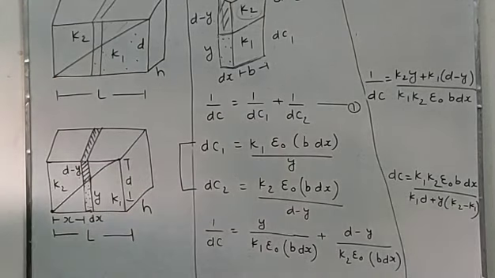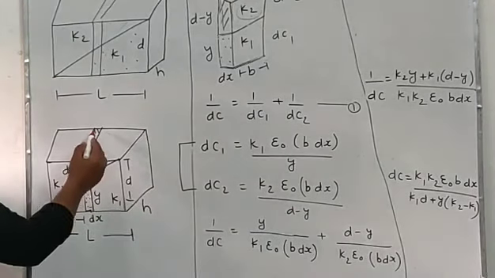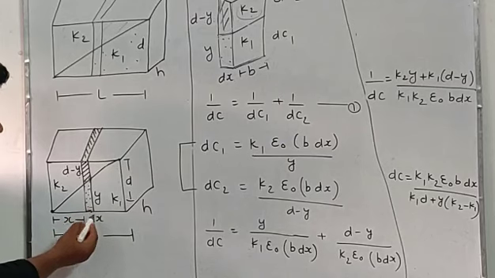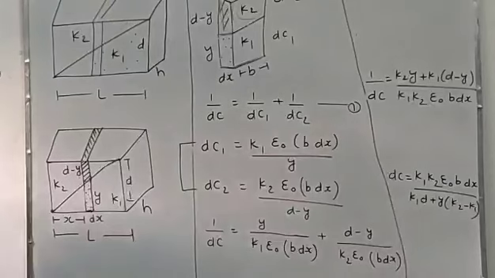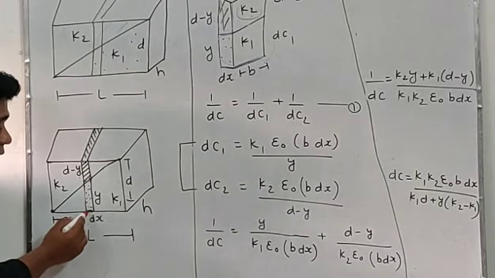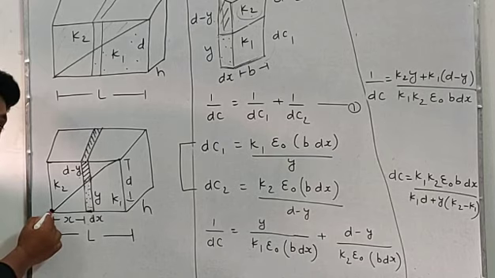Actually, we assume a small segment of thickness dx. Its thickness is dx, and the distance of this small segment from the left side of the graded capacitor is x.